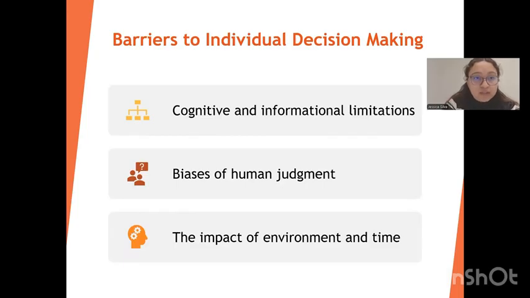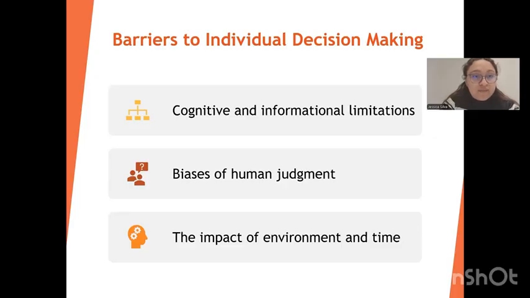We have a limit to how much data we can process. This leads to problems with abundant information and the concept of bounded rationality, where we choose satisfactory options instead of optimal ones.